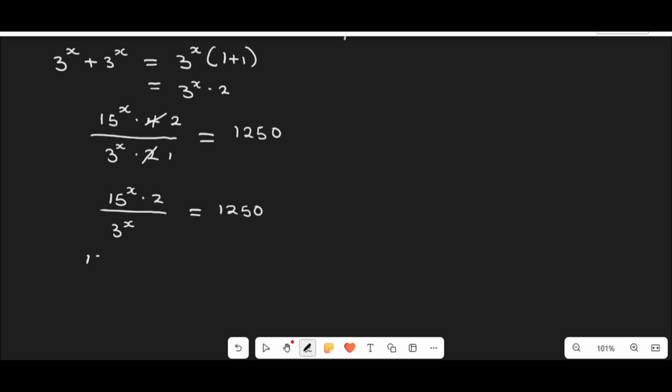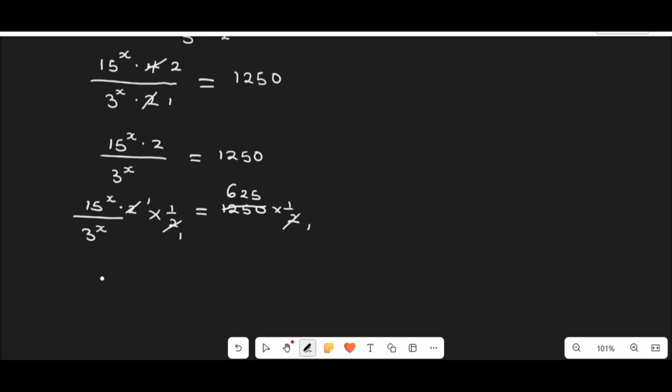The next thing we have to do is to multiply both sides of the equation by 1 over 2. So 15 raised to power x over 3 raised to power x multiplied by 2 multiplied by 1 over 2 equal to 1250 multiplied by 1 over 2. 2 here, 1; 2 here, 1; 625.